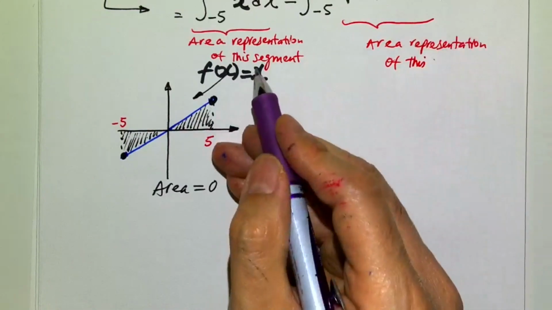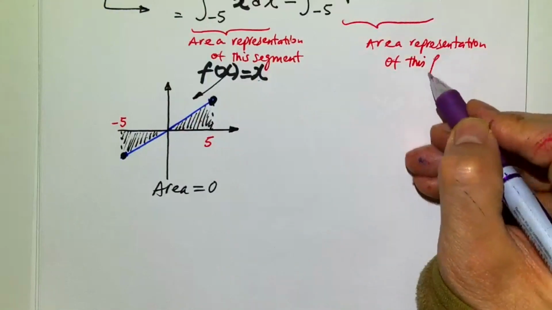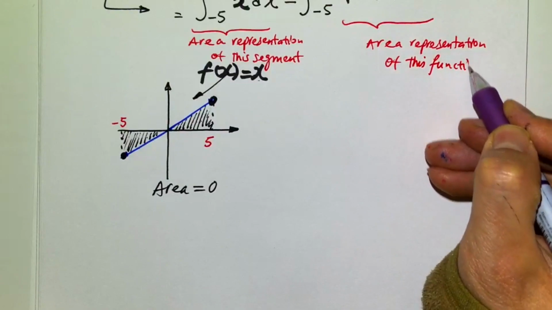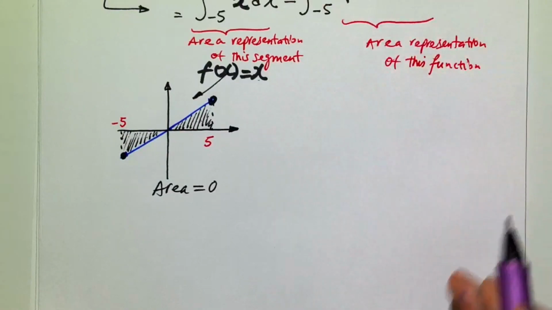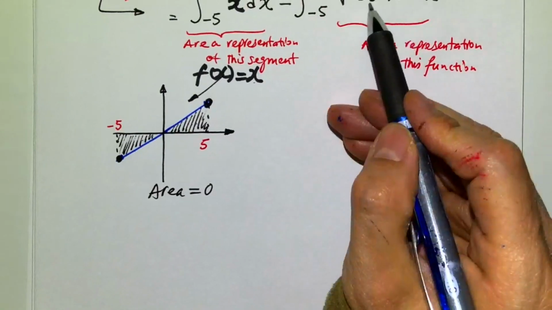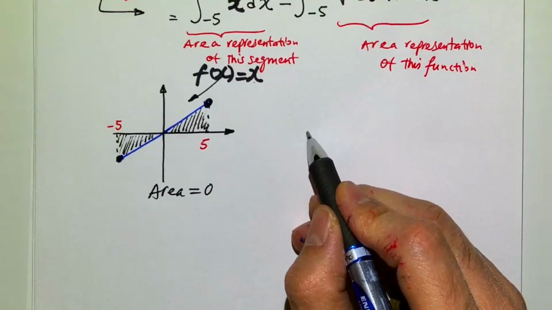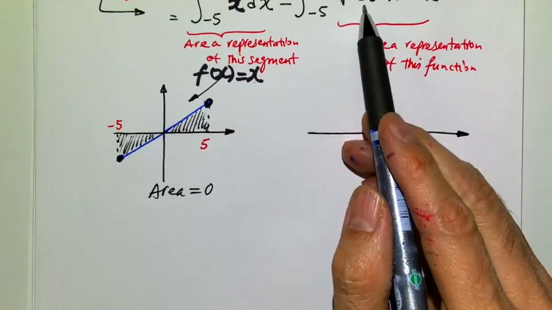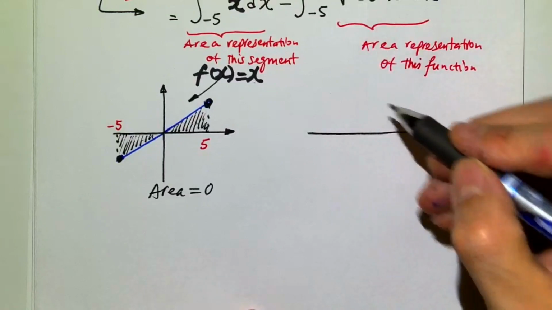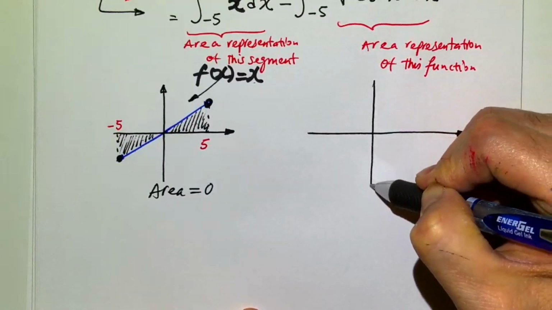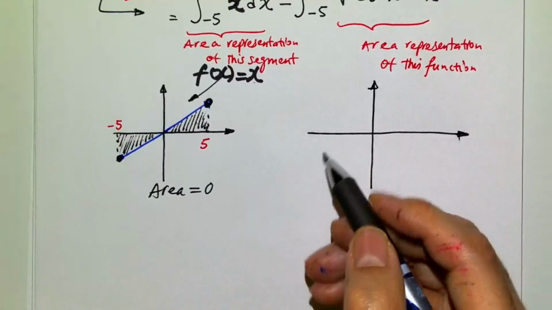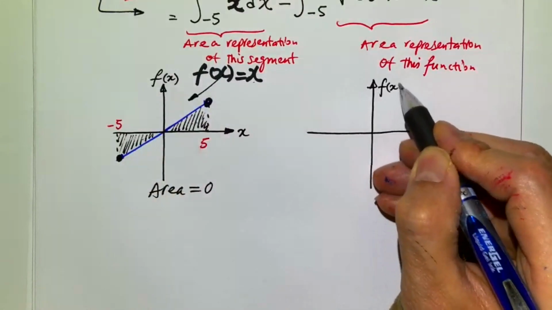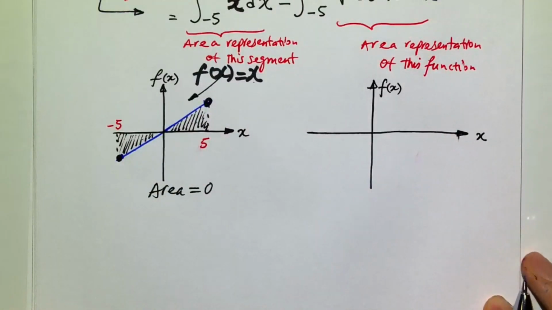So then the area representation of this function, f of x equals square root of 25 minus x squared, it would be, that's a semicircle, right? So let's draw that as well. It's the semicircle with radius 5. Oh, by the way, this is f of x, this is x.